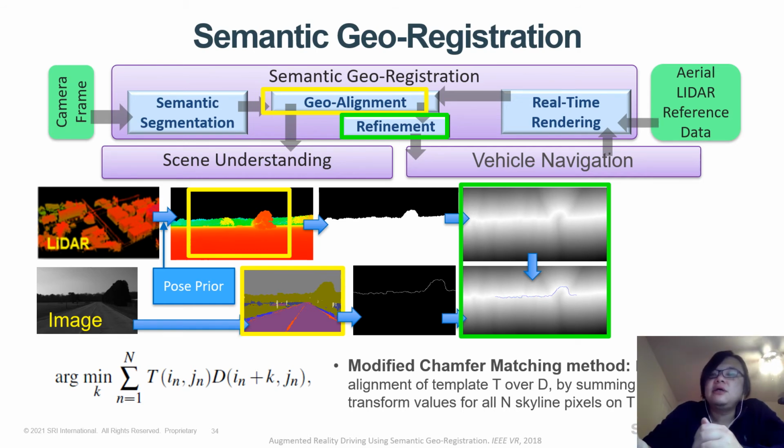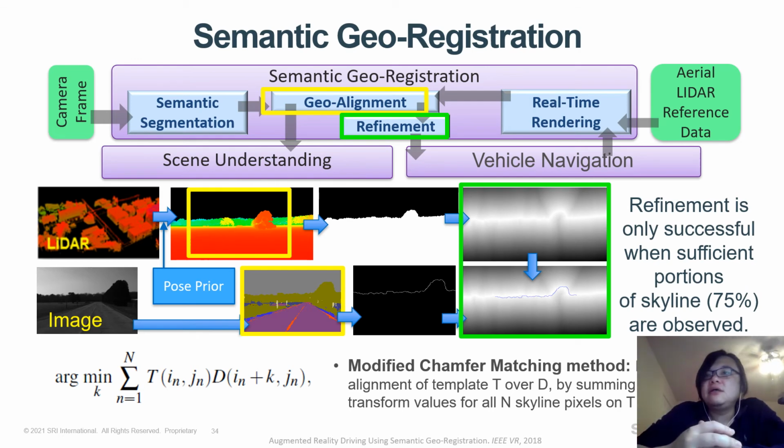So here we apply this technique by registration using the skyline. For this skyline matching, we define the refinement as only successful if a sufficient portion of the skyline is observed. Here we define 75% as a threshold.